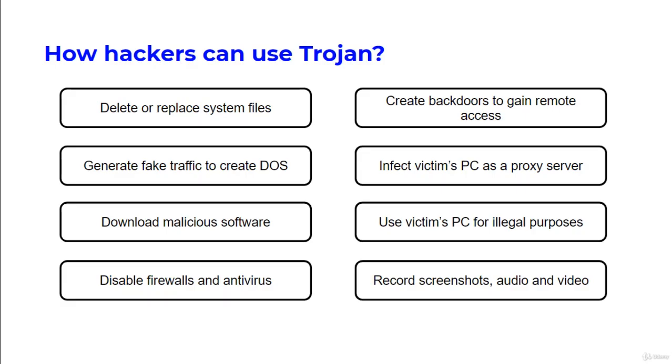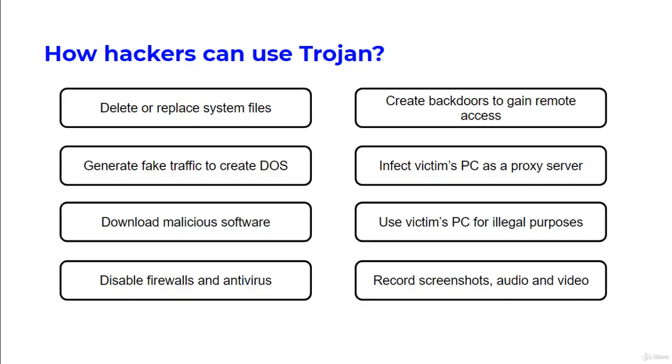Well, Trojans can delete or replace the system files. They can use your system as a proxy server. Then they can use the victim's PC for illegal purposes. Once they have access to your PC, they can perform any actions through your PC without revealing their own identity.